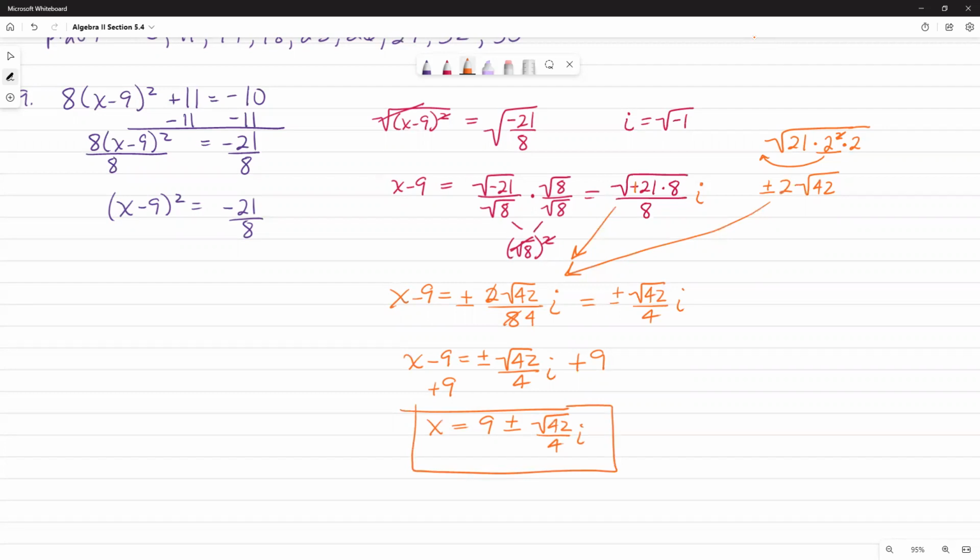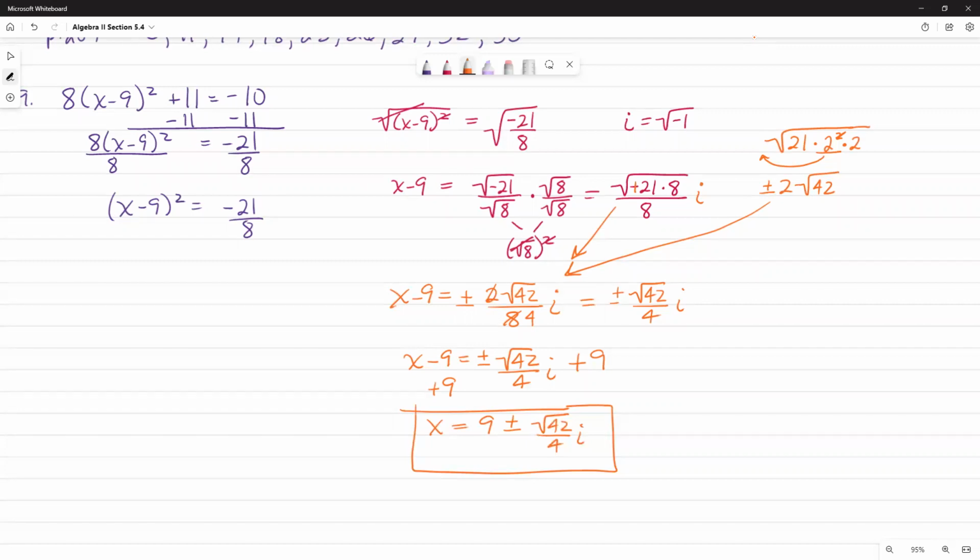Definitely complicated, but if you understand the process, you've just got a lot of little pieces that you're doing, simplifying the different parts of the radicals, but it all comes together. It's fairly simple math once you can understand how to simplify square roots.